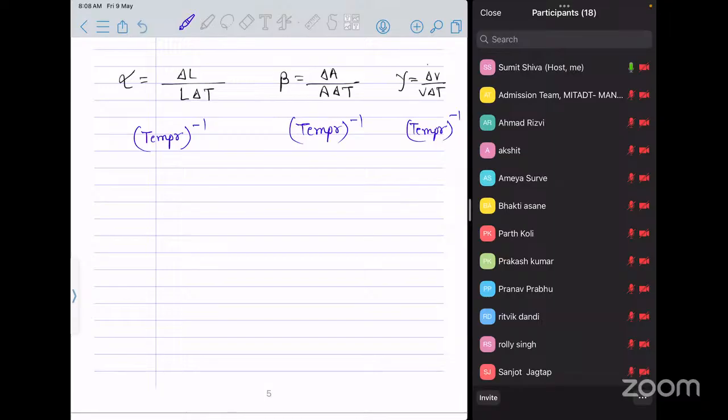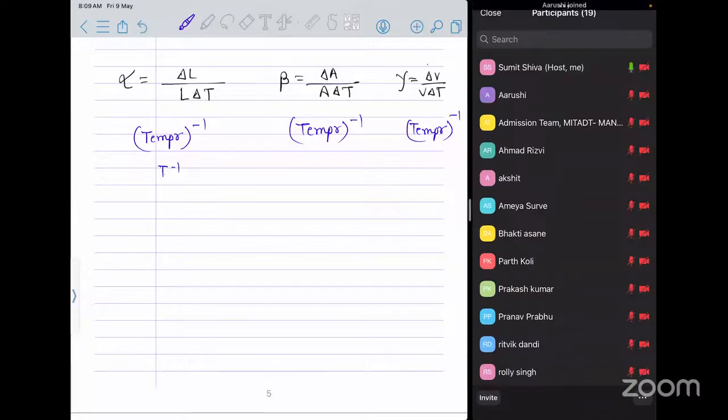What will be the dimension? Again, the L factor will cancel out, area A will cancel out, and volume will cancel out. So we are left with again temperature. So in that case, dimension will be T inverse. Sorry, I think for time we have T. T is for time, not for temperature.